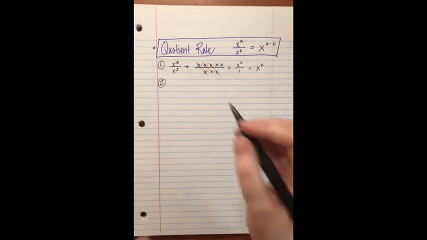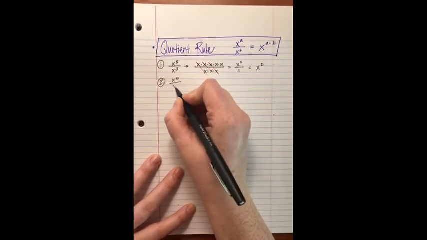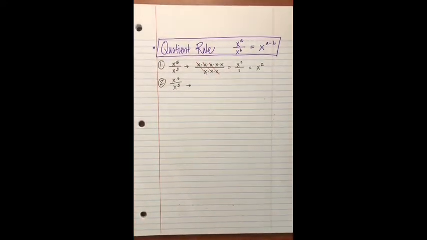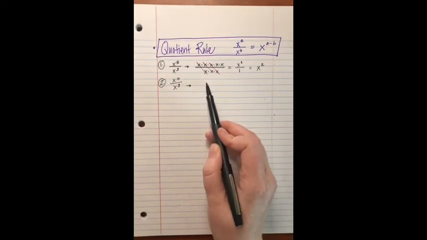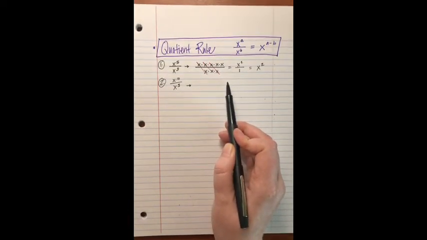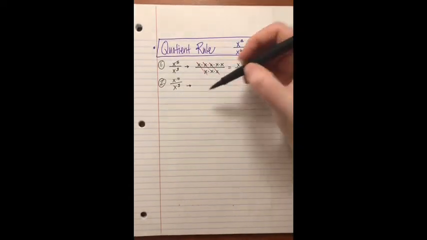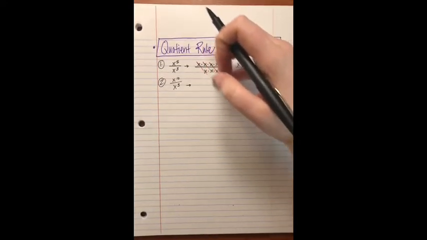Here's number 2. X to the 10th over x to the 3rd. So imagine you have 10 x's being multiplied, and then you have 3 x's being multiplied. You're going to cancel out 3 little x over x's.